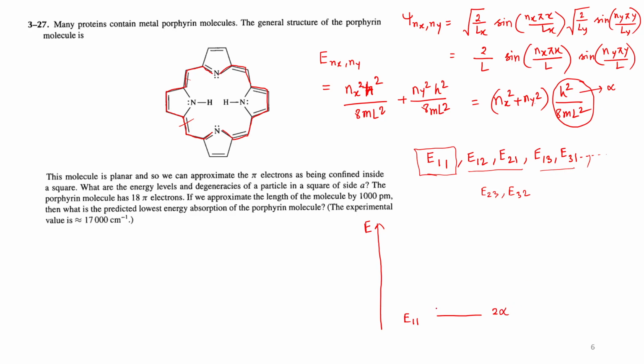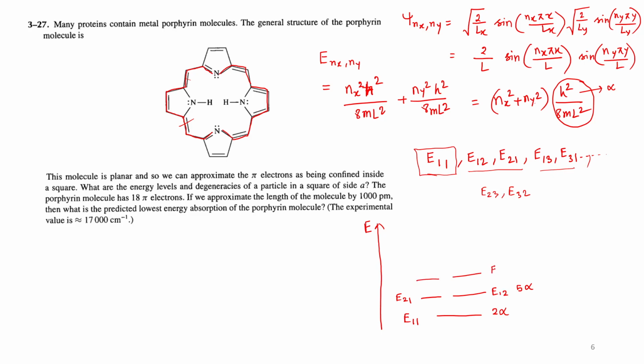So E11 is 2 alpha, 1 square plus 1 square. Then E21 and E12 have the same energy, 1 square plus 2 square, which is 5 alpha. Then 1 square and 3 square give 10 alpha, so again they have degeneracy 2.